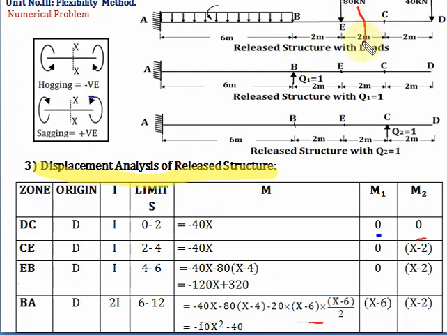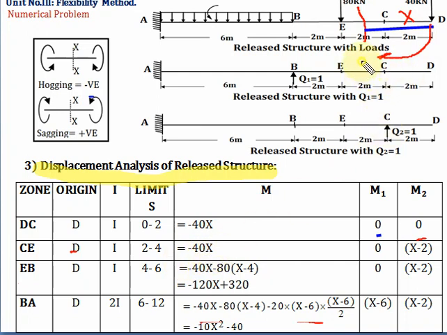So we'll take the section in C. This length is equal to X because we are taking the origin as D. Now here bending moment due to this point load, the nature of bending moment will be again hogging, so minus. The intensity of the force is 40 into the length x, so minus 40 into x.